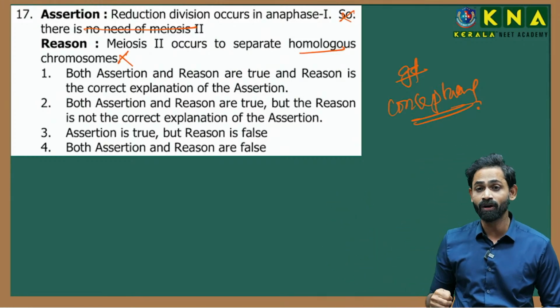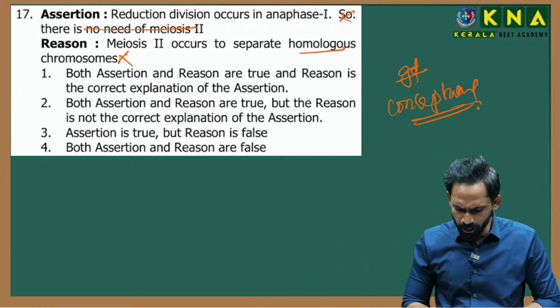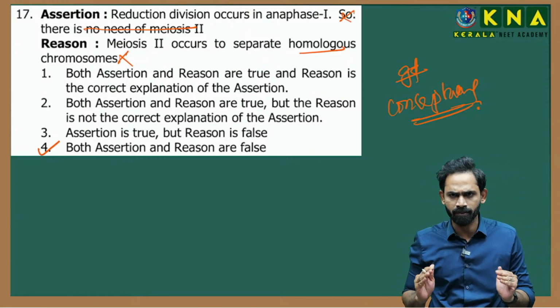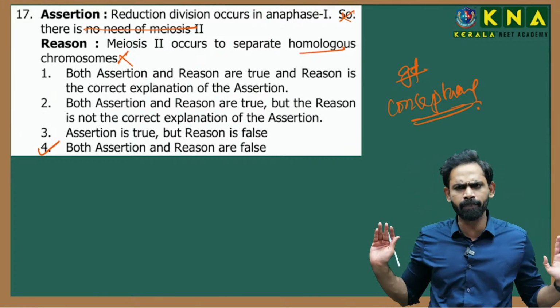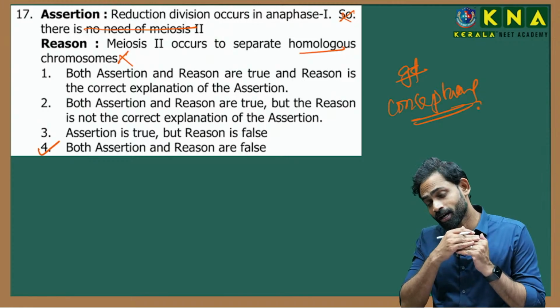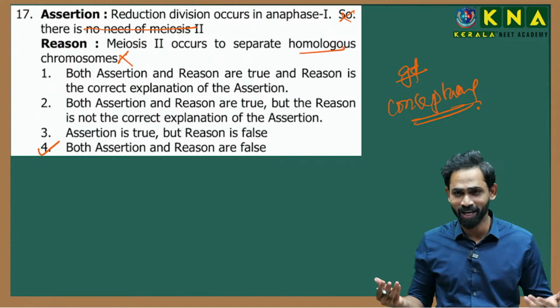That is why both statements are wrong. So I am going for option 4. I hope you understand, conceptual. Such a question, a person should know so much about the cell cycle. That's the conceptual. Directly we cannot get it.